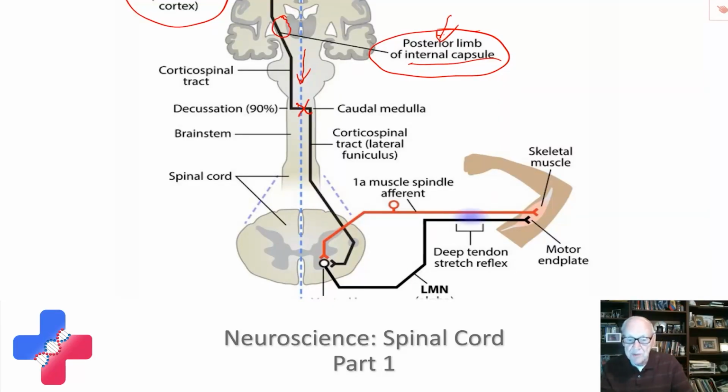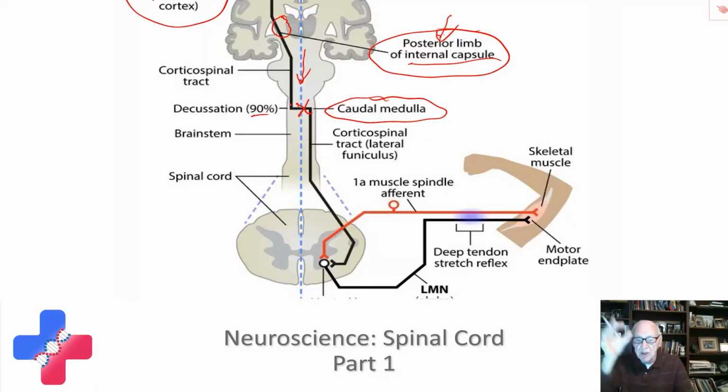For this pathway, it's in the lowest level of the brainstem, the caudal medulla, or right at the junction of medulla and spinal cord, any way you want to phrase it. Now, you probably remember a little detail: not all of the fibers cross over, but close to 90% do. The others stay uncrossed, but eventually they will cross in the cord.